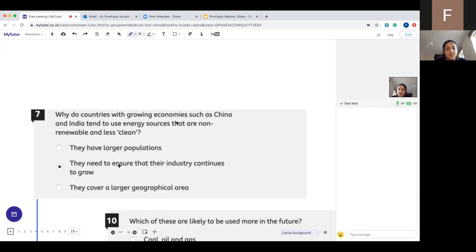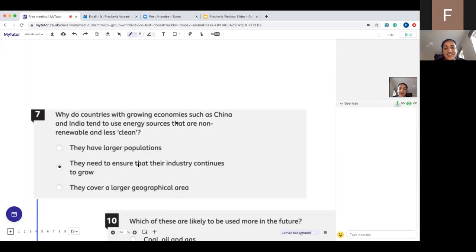They want reliable, fast, high power energy resources that can hold up their economy and their industry. China and India are huge countries with lots of business areas which need lots of energy to power, and they have lots of factories, so they use a lot more energy than other countries.